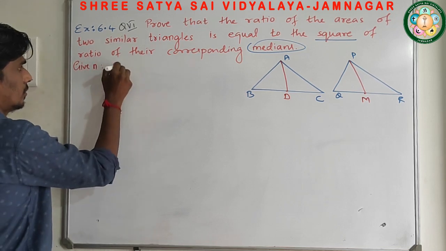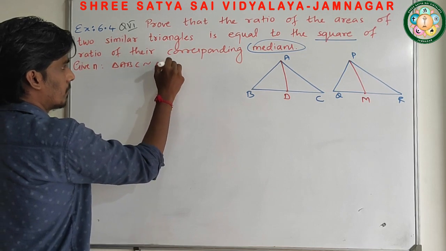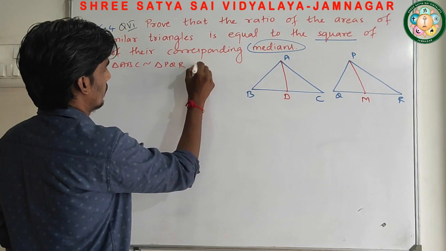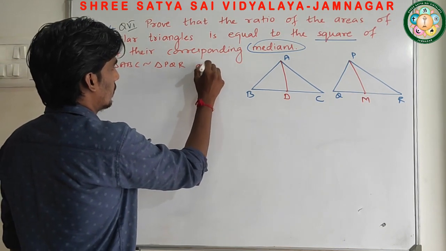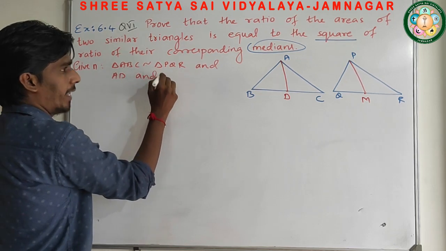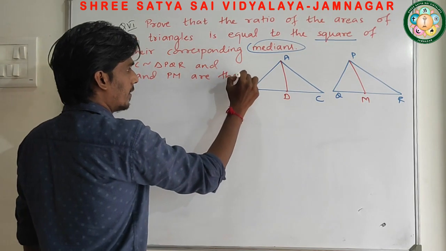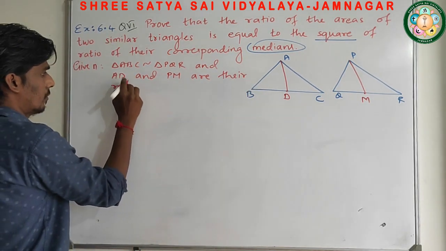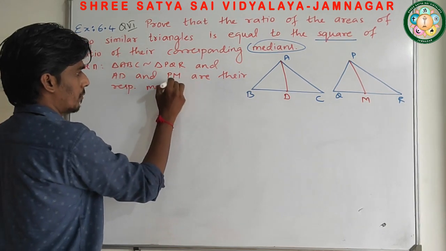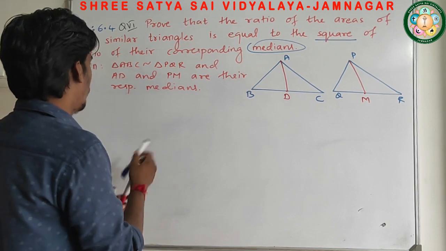Given triangle ABC is similar to triangle PQR, and AD and PM are the respective medians. This much is given. Now what we have to prove?